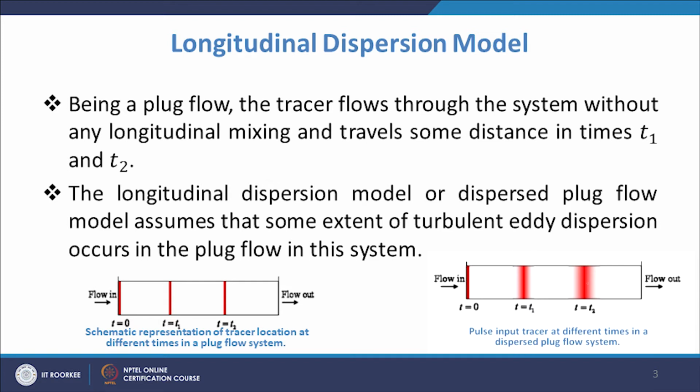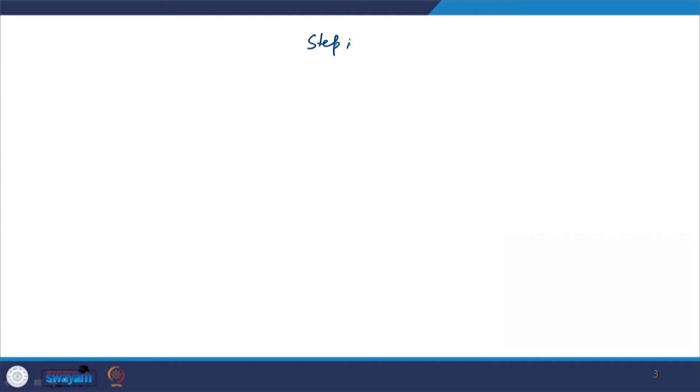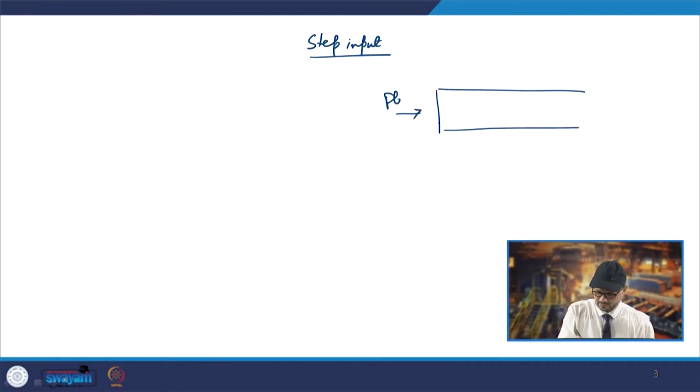Similarly, that was the case for pulse input, but consider the step input also. In the case of step input, this will be the flow in, and this the flow out.